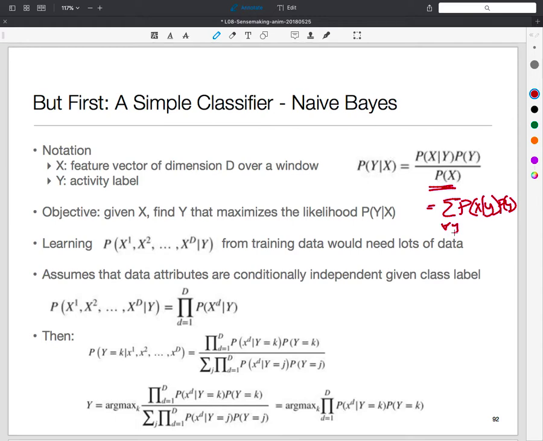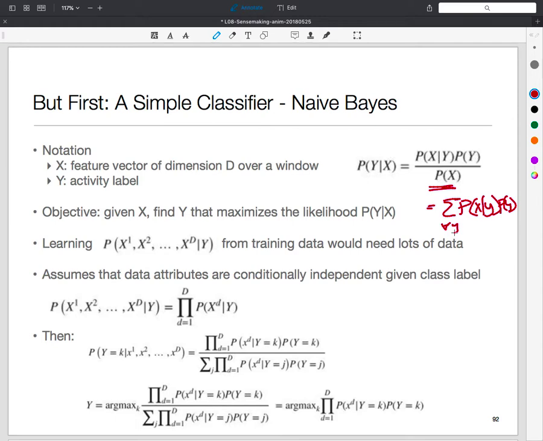Because that's our goal. If you notice, the bottom term is always a constant, independent of what k is, because we are summing over all possible y's. So I can just do an argmax over just the numerator. So that's really what we want to find.